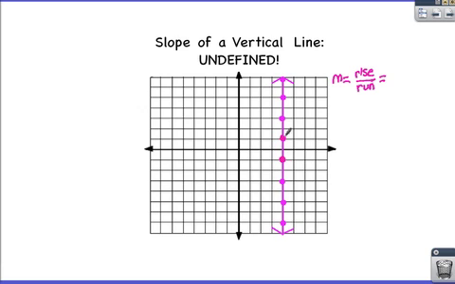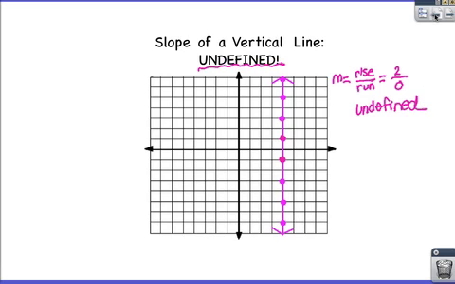Well, our rise is 2, but our run is 0. And as you know, we cannot divide numbers by 0. We cannot have 0 in the denominator, or we get an answer that is undefined. And therefore, the slope of all vertical lines is undefined.